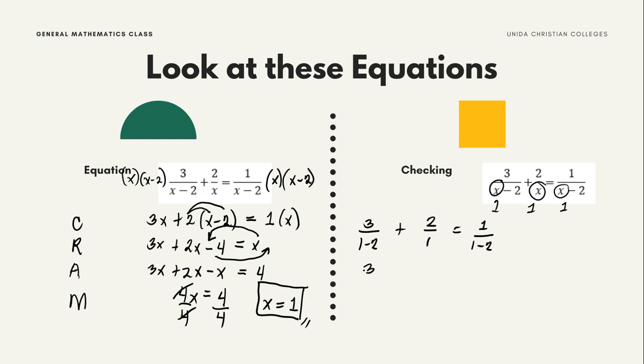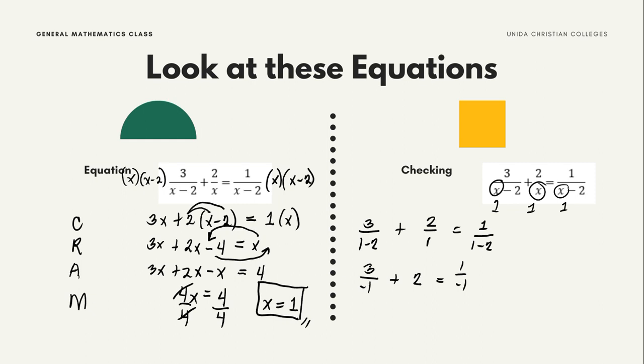Solve. 3 over 1 minus 2, that is negative 1, plus 2 over 1, we can write that as 2, is equal to 1 over negative 1, 1 minus 2, that is negative 1.